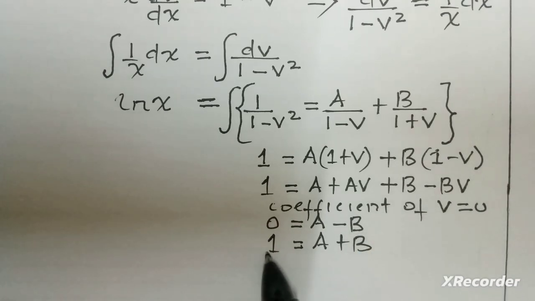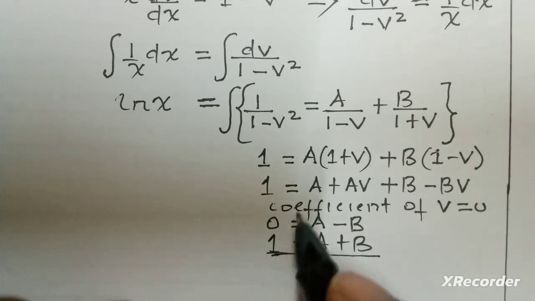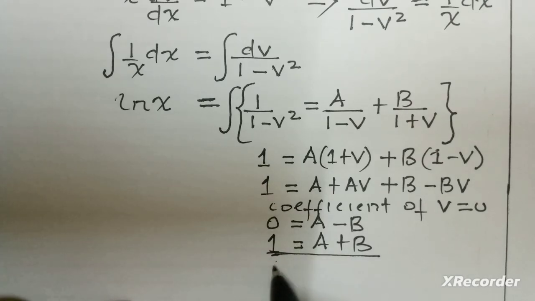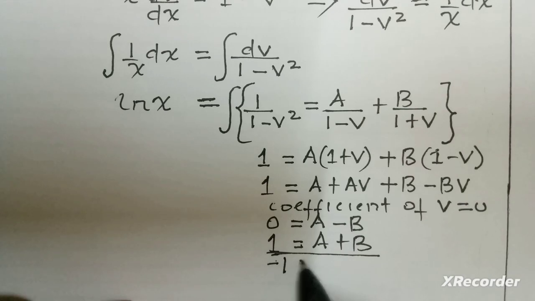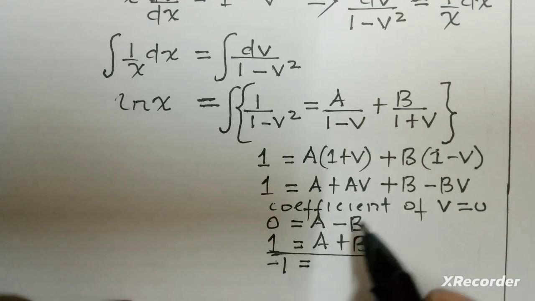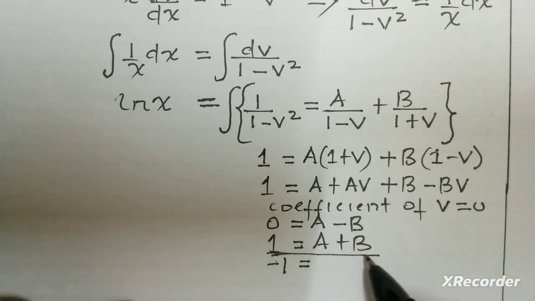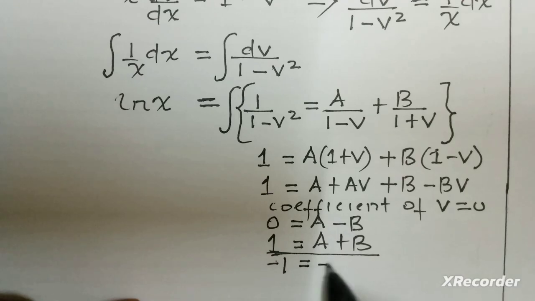So this one is going to be 0 minus 1 is minus 1, then a minus a is 0, minus b minus b is minus 2b.